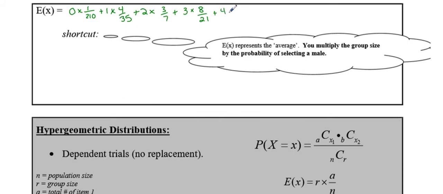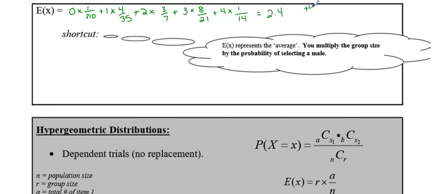And the last outcome multiplied by its probability, which was 1 over 14. And remember here that these outcomes are x, the probabilities are the frequencies, and we're dividing it by the sum of the frequencies, which is equal to 1, so you don't actually have to do that division. And this calculation works out to 2.4.